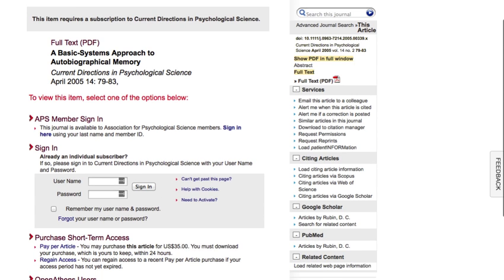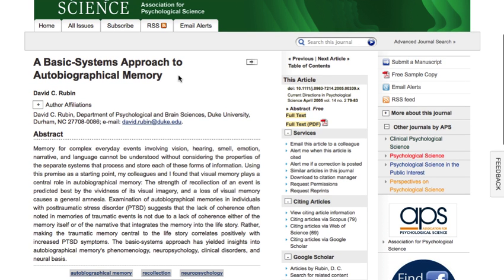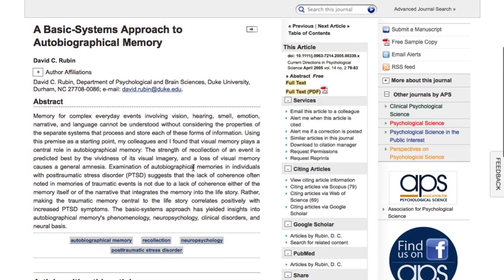It's going to ask us for money, but since we are all affiliated with George Mason University, chances are if you wanted to read this article, we could run it through one of the library databases and actually get a hold of the entire article.